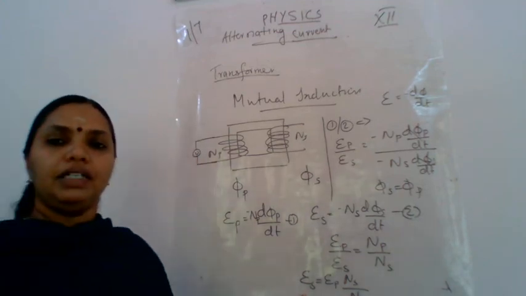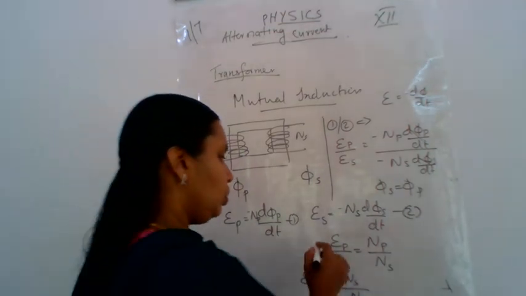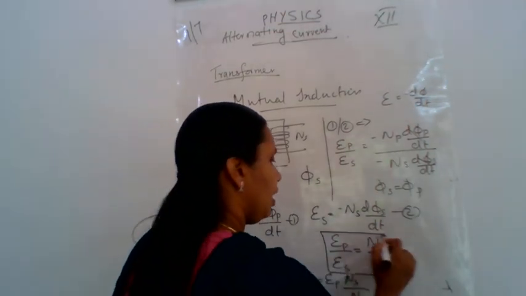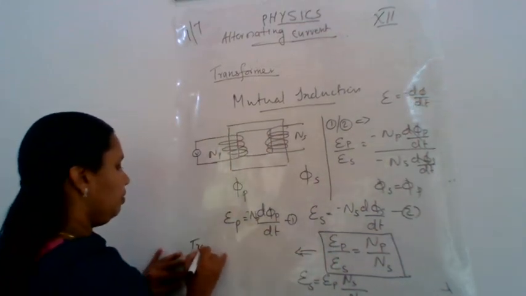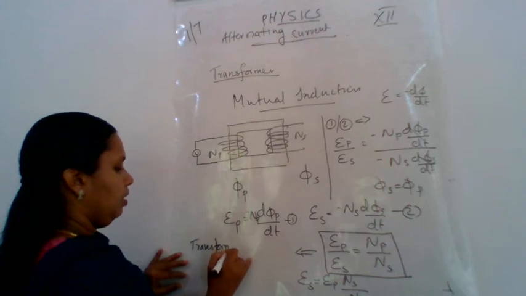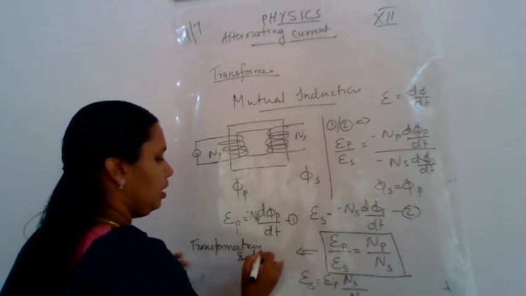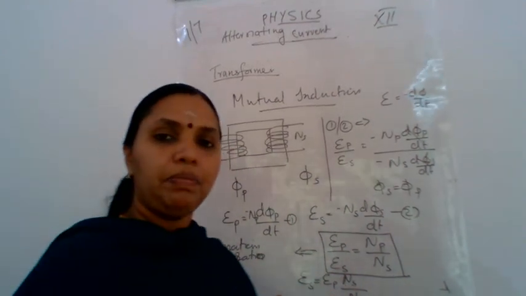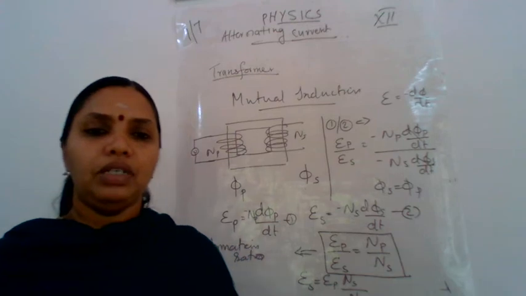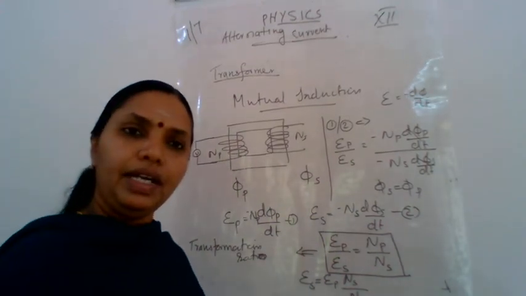Accordingly we have the step up and the step down transformer. This ratio is known as the transformation ratio, and it decides whether it is a step up or a step down transformer.